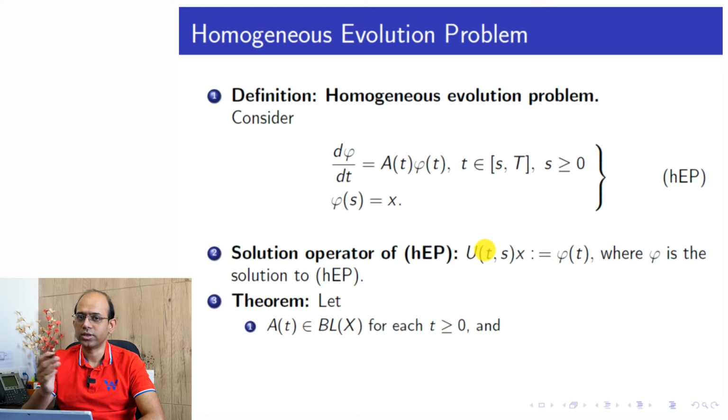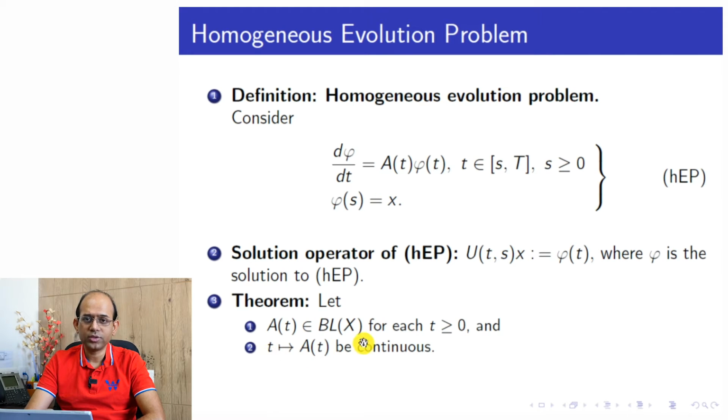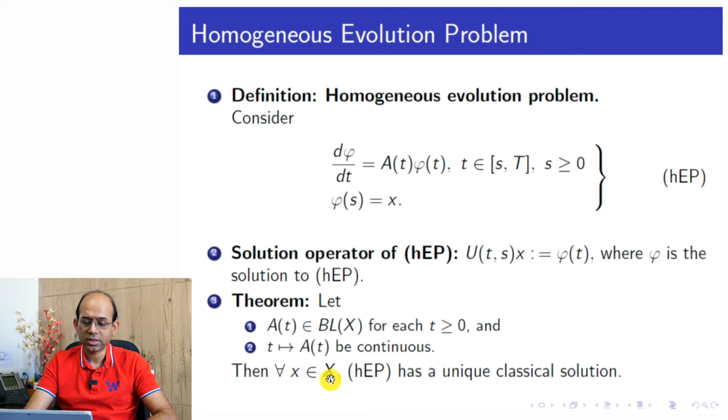Just T(t)x, where T(t) is the semigroup generated by the operator. So here also we are going to get similar things if we assume certain things. So if the map t to A(t) is continuous (for the autonomous case, it is just a constant map, and a constant map is continuous anyway), but here when we allow A to vary with t, this A(t) is continuous. And then for all small x in capital X, this homogeneous evolution problem has a unique classical solution.